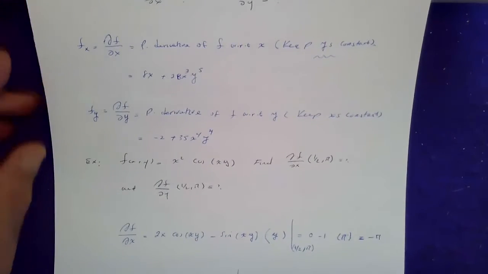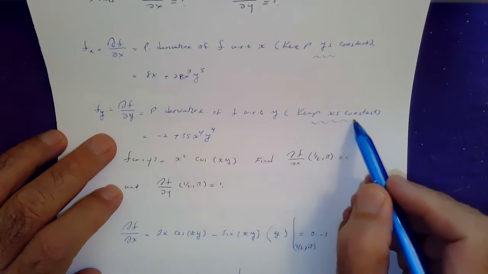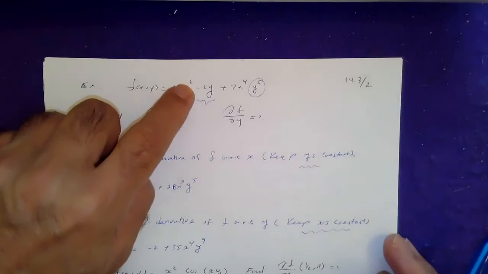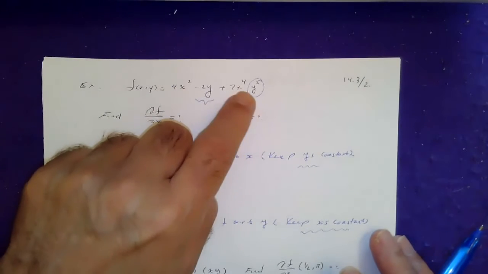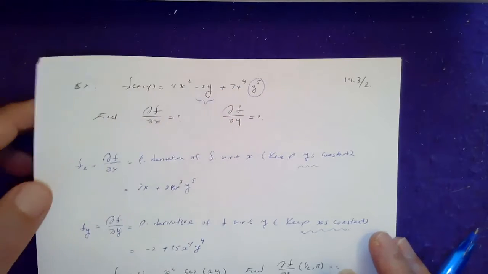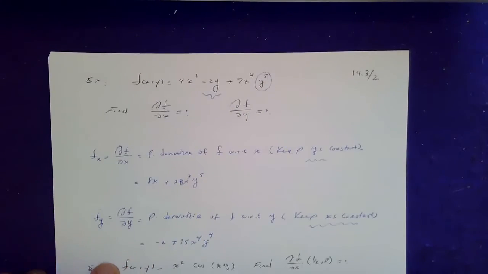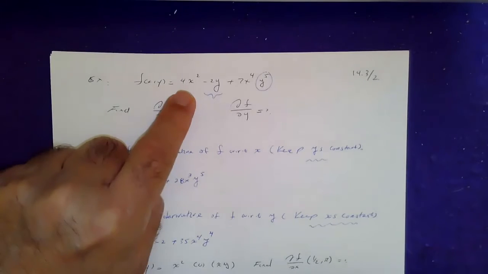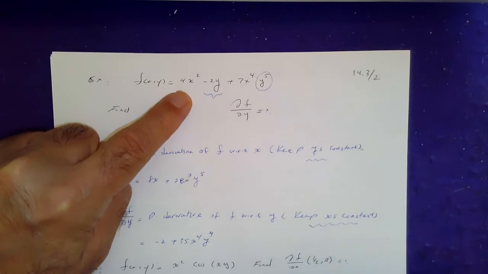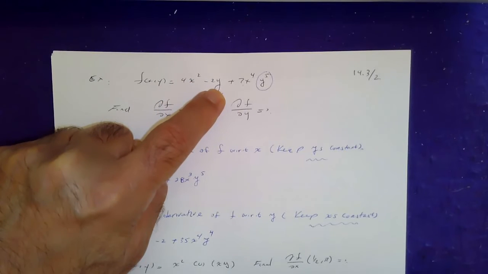On the other hand, for the partial derivative of f with respect to y, notice we keep x constant. So if an x term appears all by itself, like this one, it's 0. But if it is a coefficient of a y term, then it goes along. In this case, this term is 0, because we're taking the partial derivative with respect to y, so x is constant. The derivative of the next term with respect to y is negative 2.